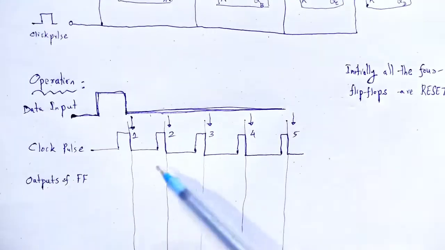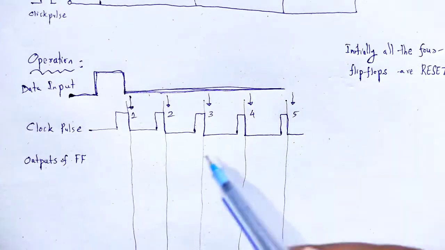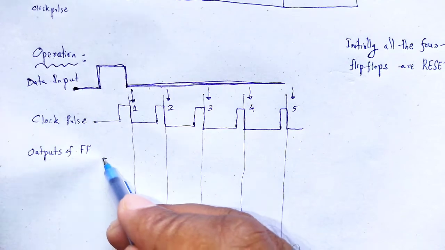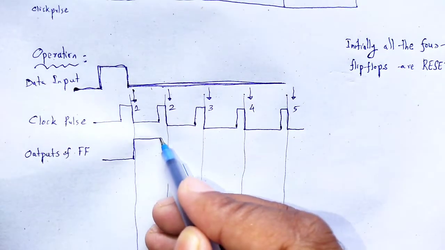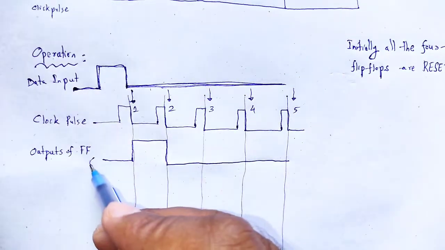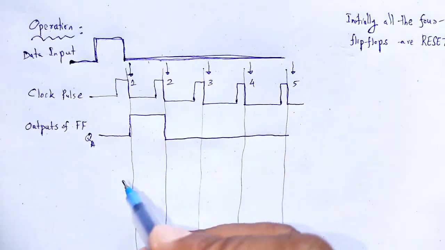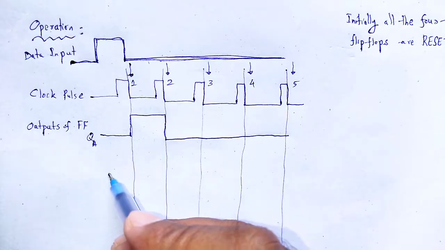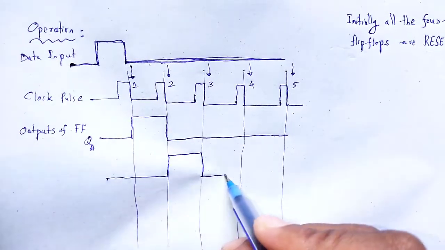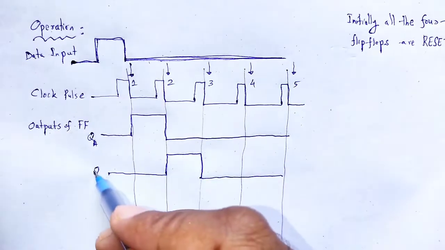By application of a clock pulse, we obtain the data at QA. Next, another pulse is applied, so we obtain it at QB.